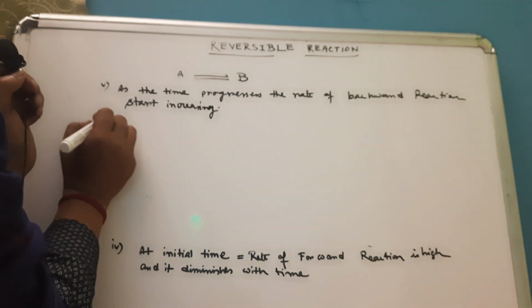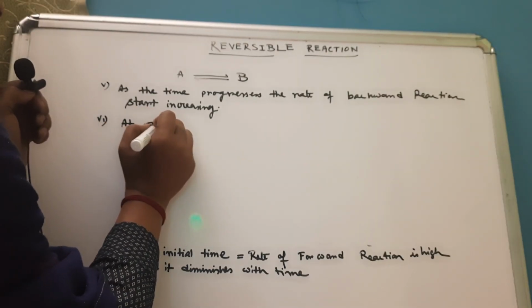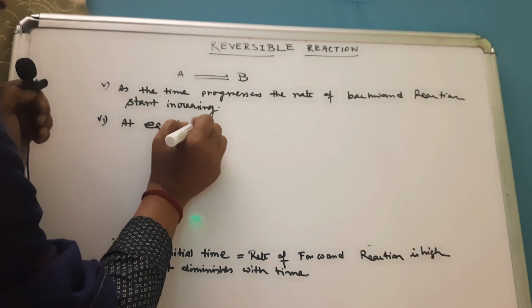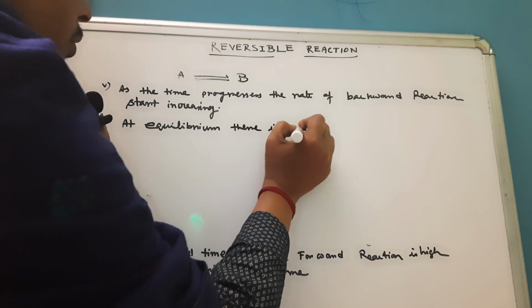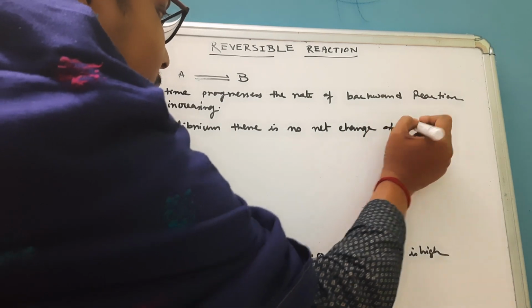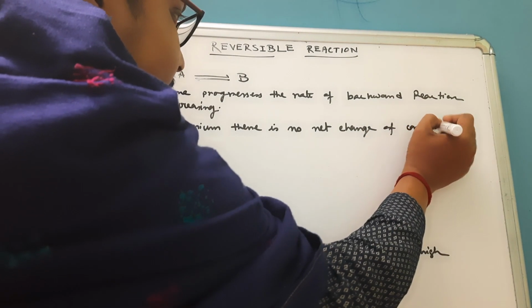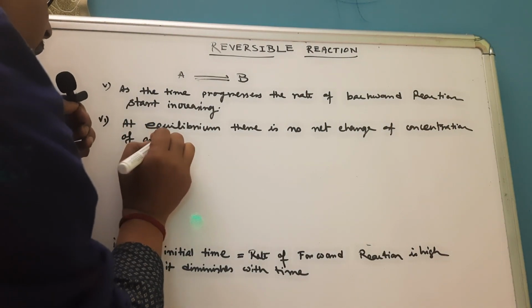Very soon, a stage is reached where the rate of the forward reaction becomes equal to the rate of the backward reaction. This stage is called equilibrium. At equilibrium, there is no net change of concentration of any species.